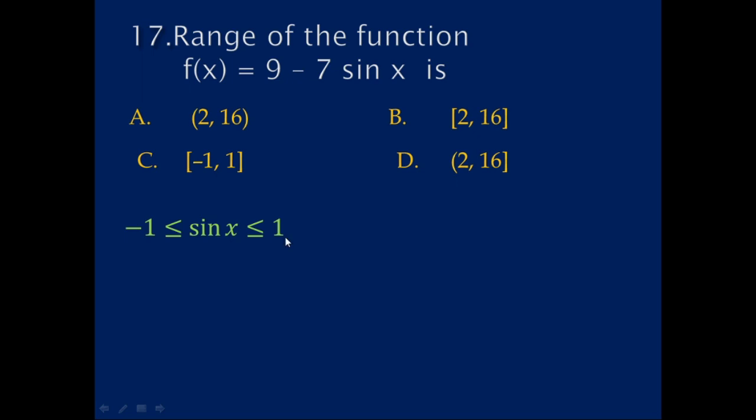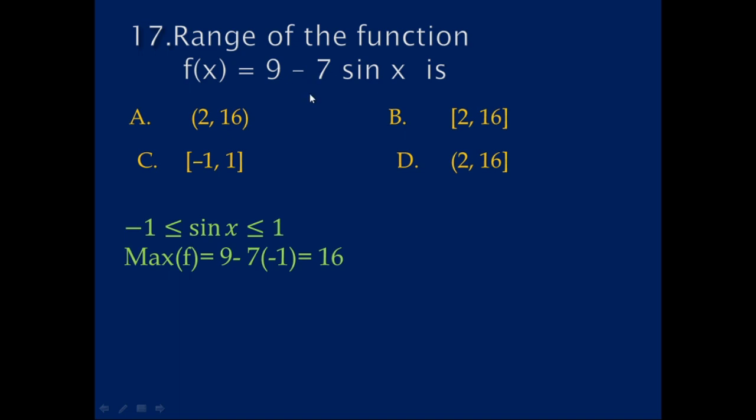You get the minimum value of f of x when 7 times sin x is maximum, and the maximum value of f of x we get when 7 times sin x is minimum. Therefore, the maximum of the given function f of x is when the value of sin x is minimum.